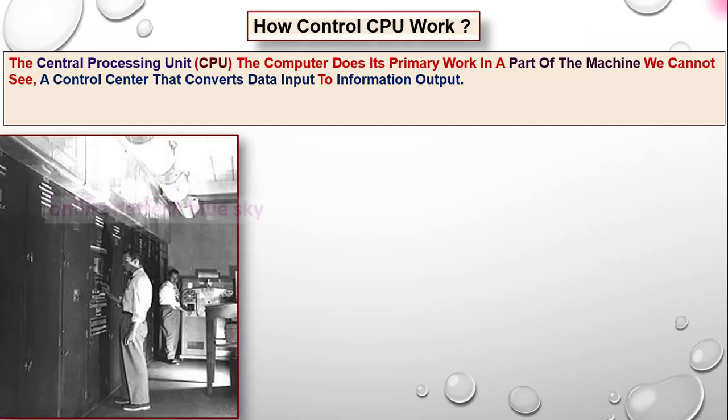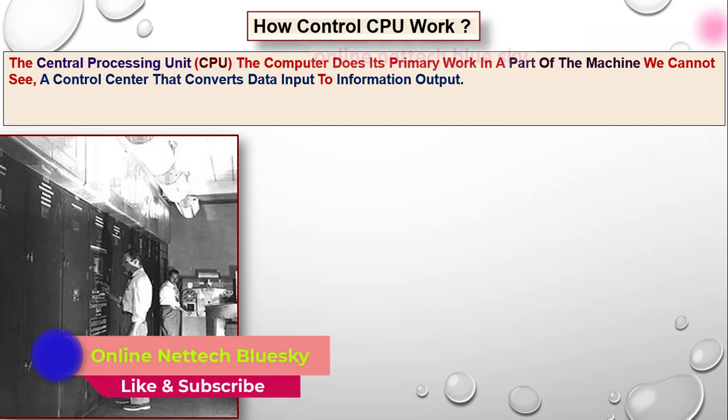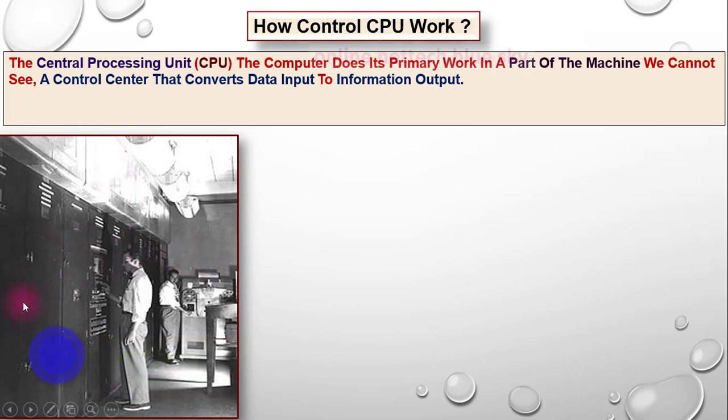So let's understand the old generation type of central processing unit, the CPU of the old generation, from 1956 to 1970. This old generation type of computer used a lot of vacuum tubes, used a lot of energy, produced heat, and was very slow and very big.